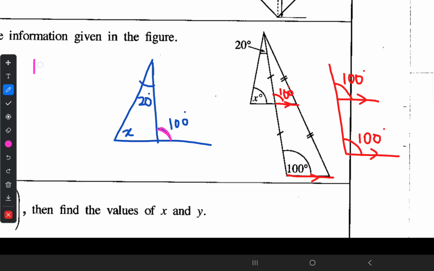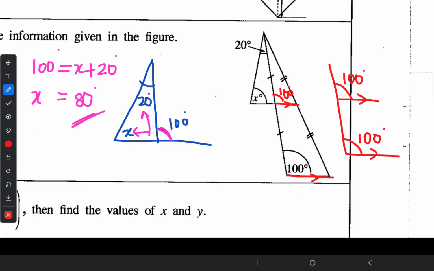Exterior angle 100 equals X plus 20. So X is 80 degrees. 80 plus 20 equals 100. From that we can obtain the answer for X as 80.